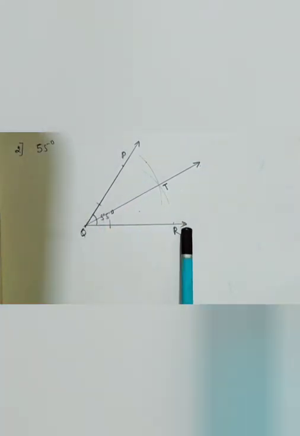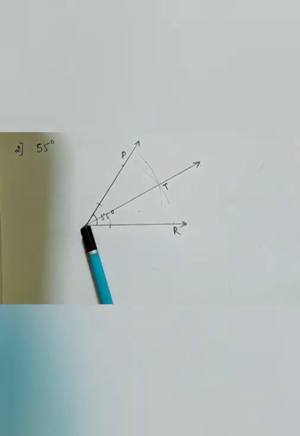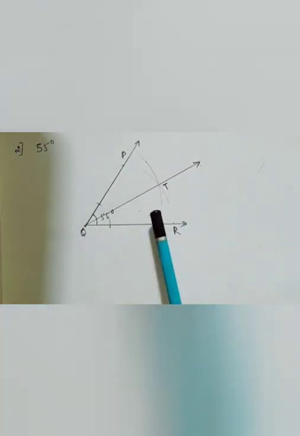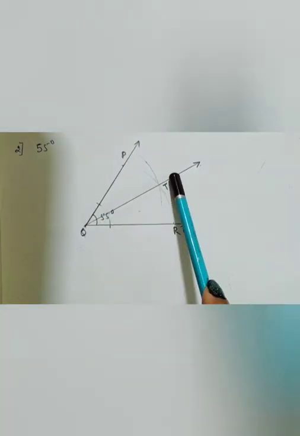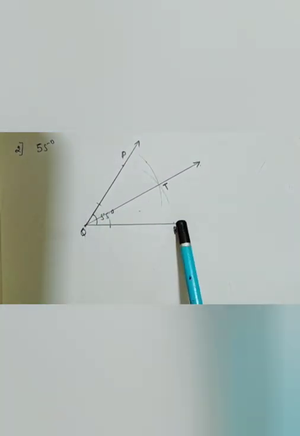We have bisected this angle and we got equal angles, which are PQT and TQR. I hope you understood how to bisect an angle. Now we are going to move to the next question.